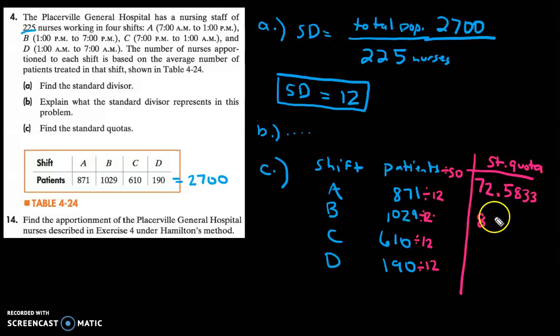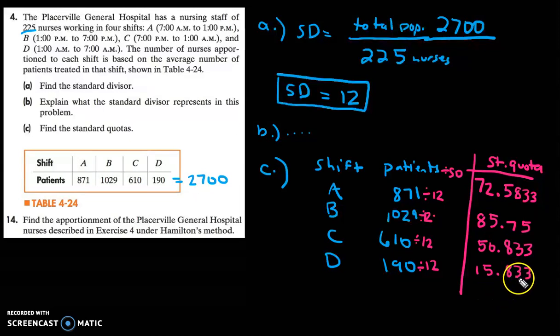So for B, 1029 divided by 12 is 85.75. And then C is 610 divided by 12, which is 50.83 repeating. And then the last one, 190 divided by 12 is 15.83 repeating.